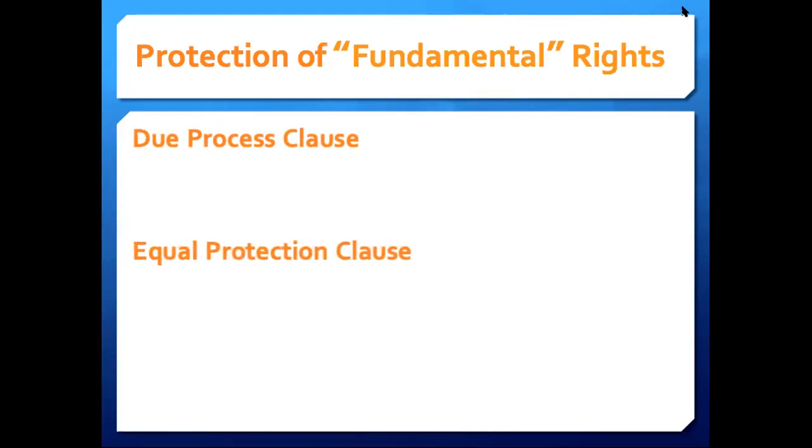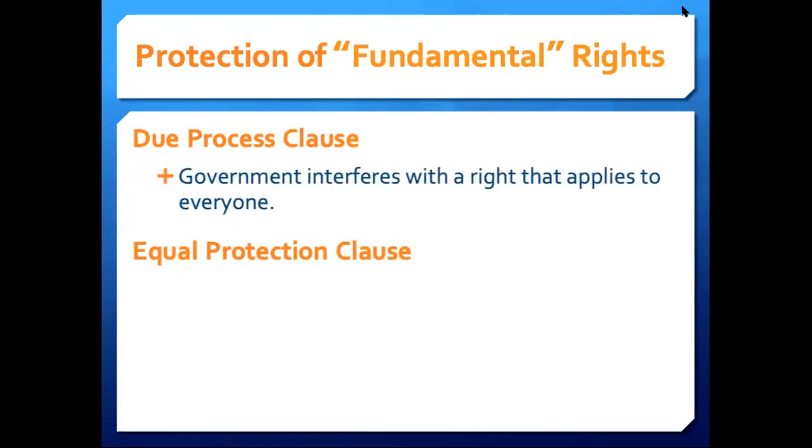Fundamental rights are also protected under the Equal Protection Clause, which is discussed in Conlaw 2 for those of you who will take that course. So the Due Process Clause is protection for fundamental rights when the government is interfering with a right that applies to everyone generally.